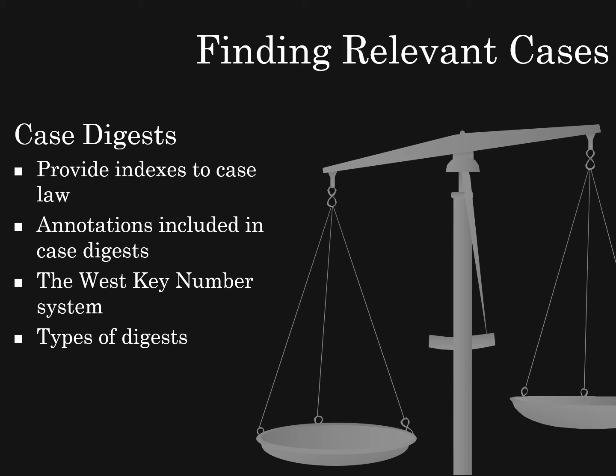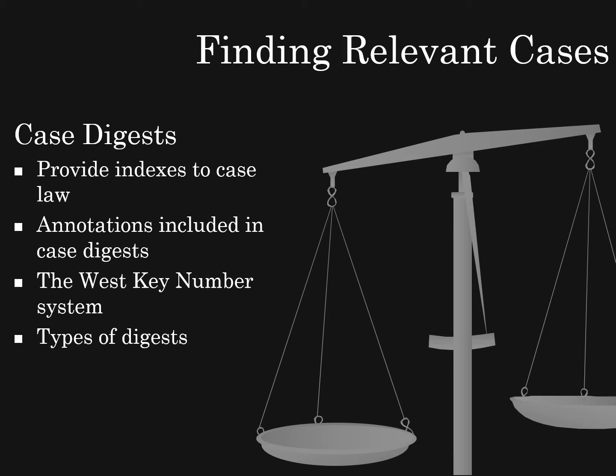Ways to find cases, as I said, you can use secondary sources that will point you in the direction of primary sources, but there's also this tool, it's called a finding tool. That's kind of the general description for this. It's called a case digest, and it's basically a big index to reporters, which is where the cases are published.